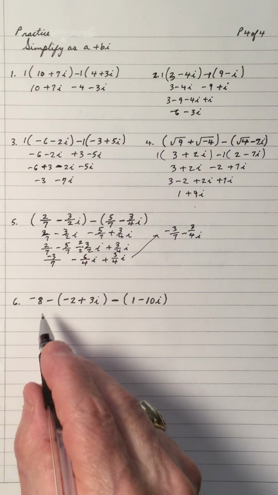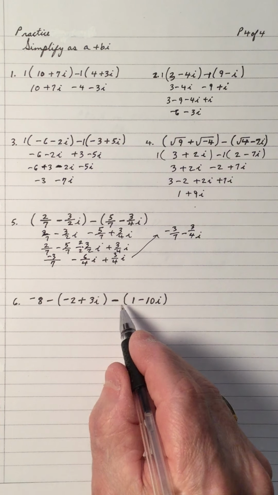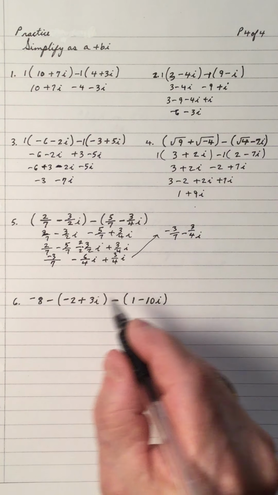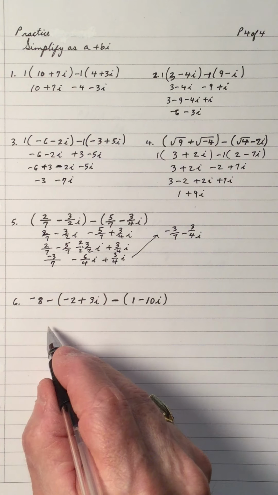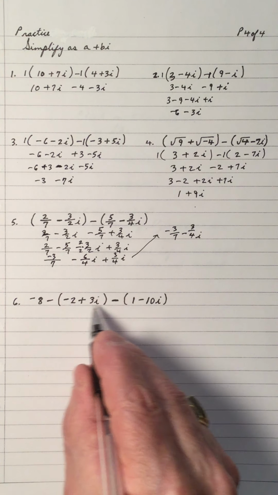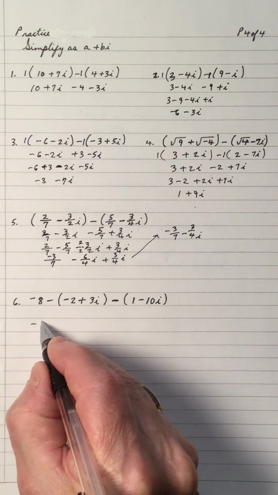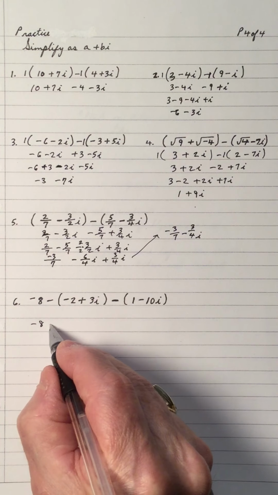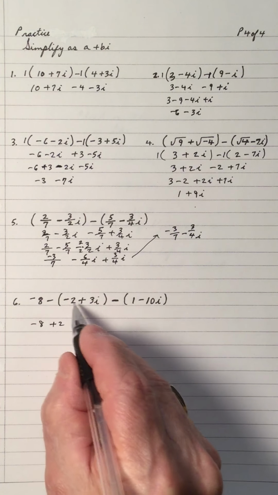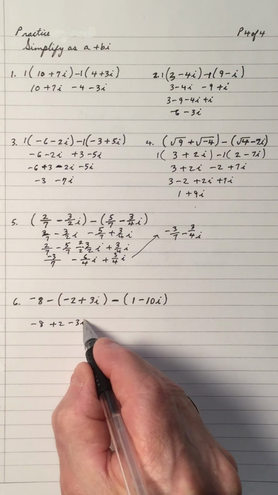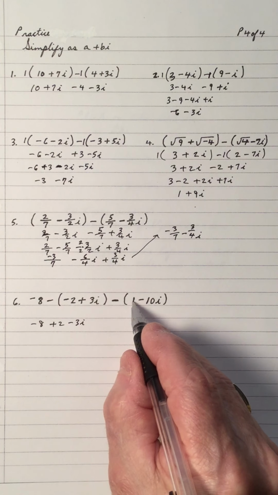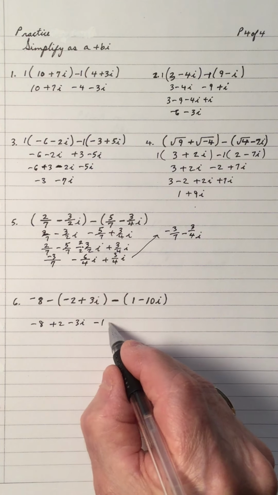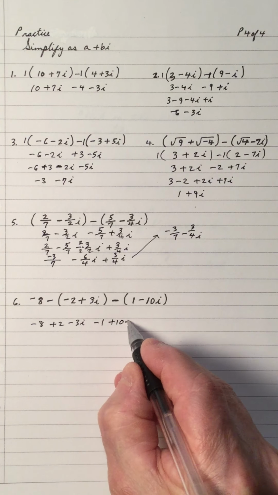Number 6, we have subtraction and subtraction. Again, I can put a 1 right here and a 1 here. But the inside is okay, so I get a negative 8. When I subtract, I add on the opposite of a plus 2 minus 3i. I'm subtracting, so I add on the opposite, which is a negative 1 plus 10i.